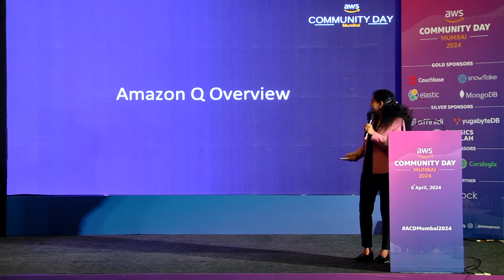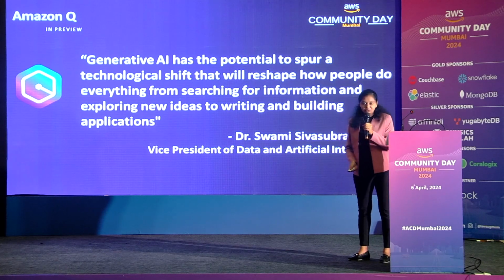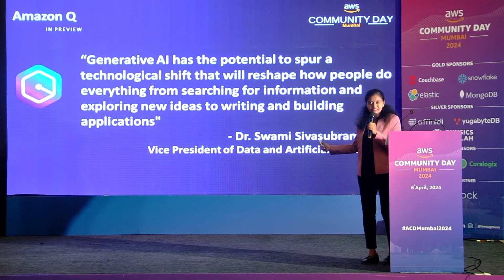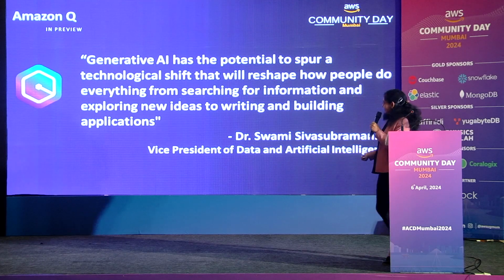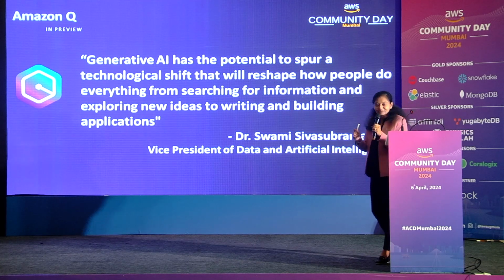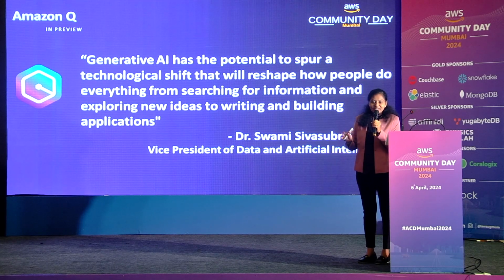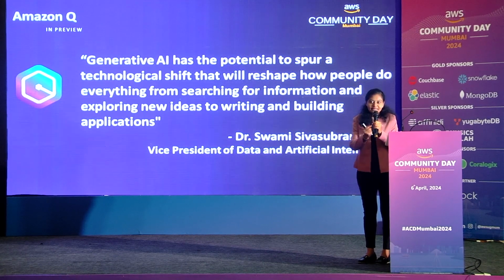When we talk about Amazon Q, all of us are very good followers of Dr. Swami, right? What he says generally is that things have started very differently. The regular mundane stuff we have been doing all this while is taking a different turn.